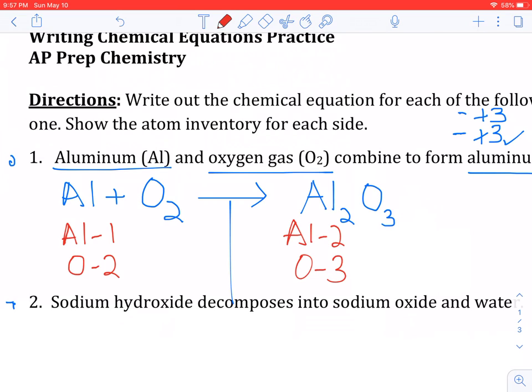So I'm going to start by balancing the oxygens first, because I can see I have a 2 and I have a 3. So I'm going to have to do a little manipulation with those to make that work. Their least common multiple is 6, right? So how do I get 6 oxygens? On the right side, to get 6 oxygens, I would need 2 of the molecule.